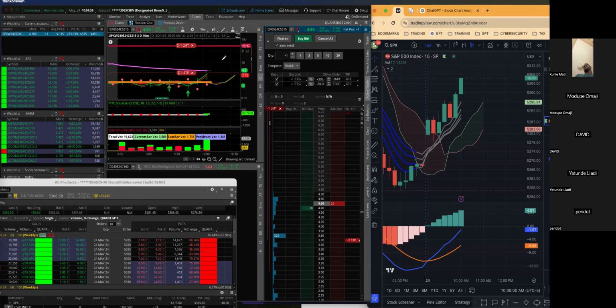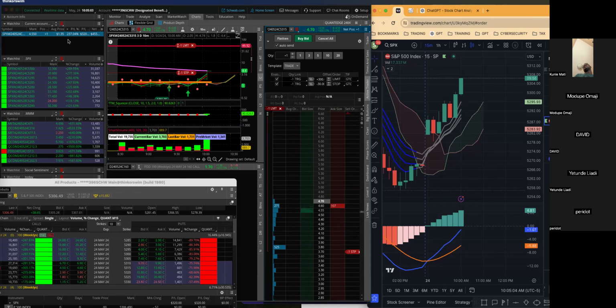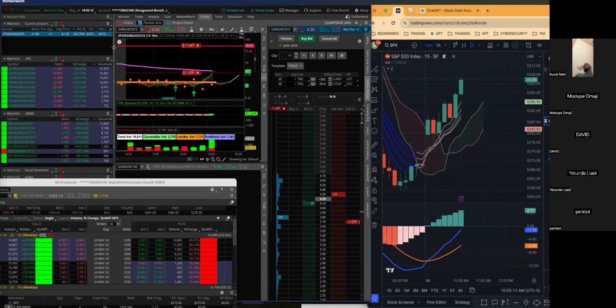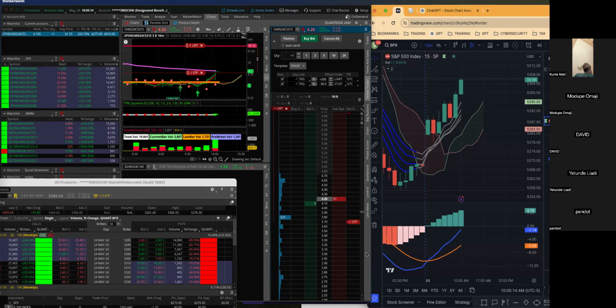It's coming now to $5. 270 is 200%. Let me expand this so you see. I hope it doesn't drop to 370, I hope it goes higher and higher. Let's see if it goes past $5.